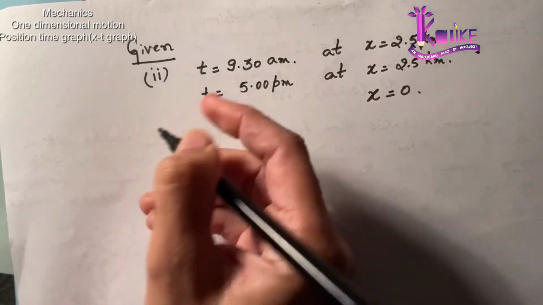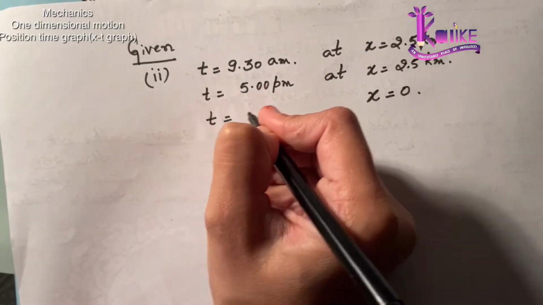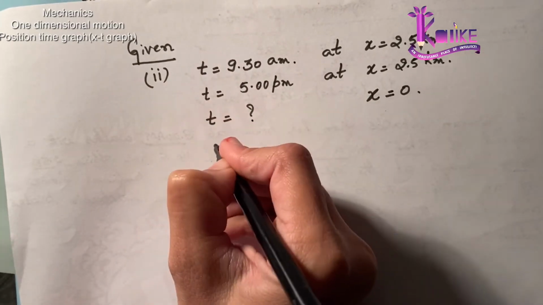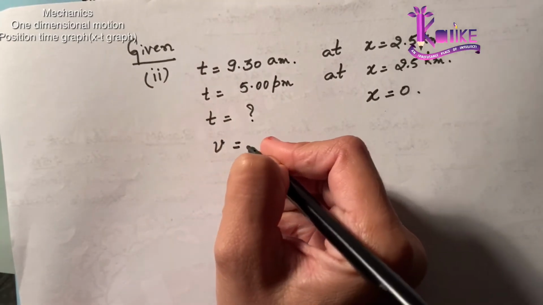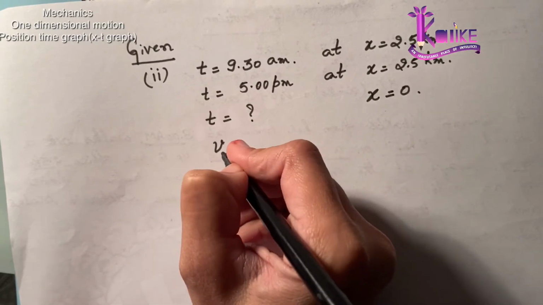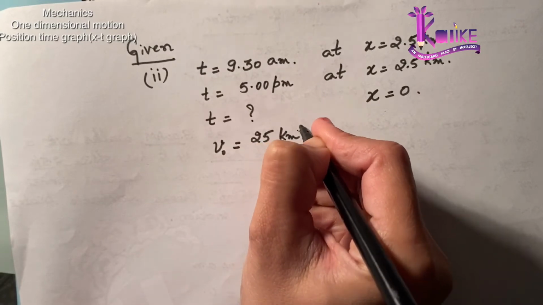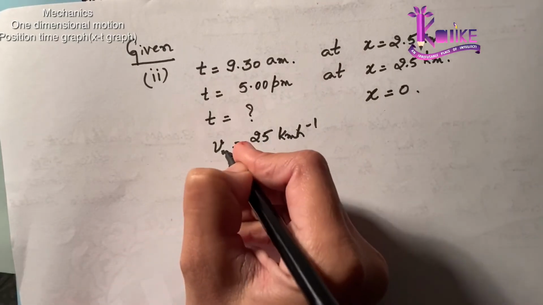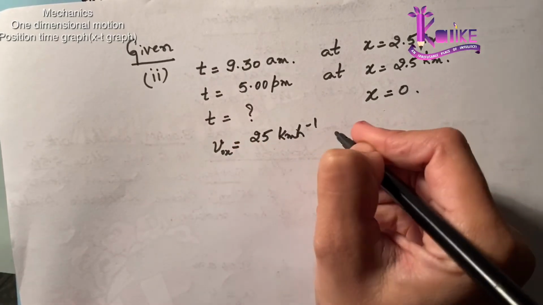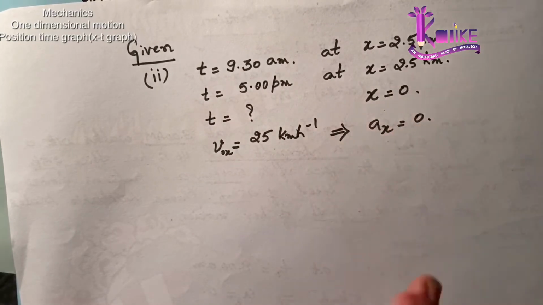When the position of x is 0, how much time does she take if she travels with the speed of 25 kilometers per hour? So, this is her initial speed, in this case 25 kilometers per hour along the x direction. Since it is a constant speed, again the acceleration along the x axis is 0.